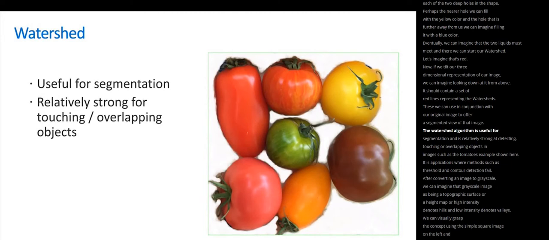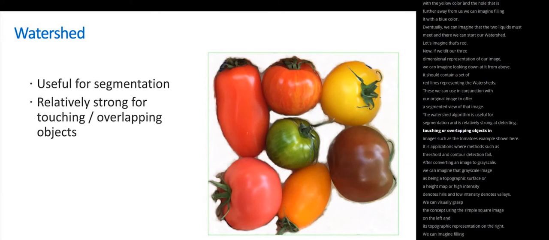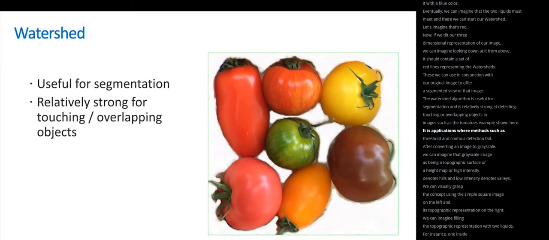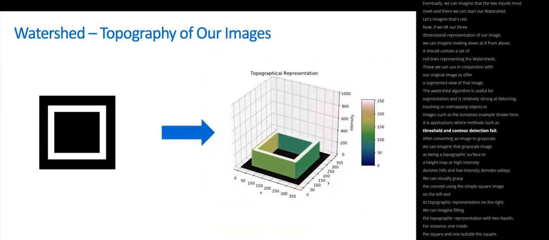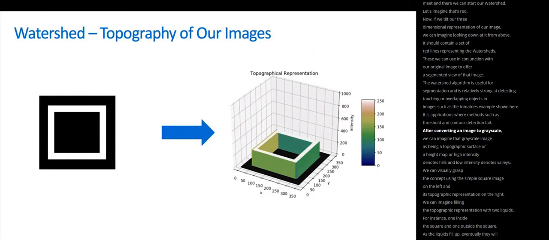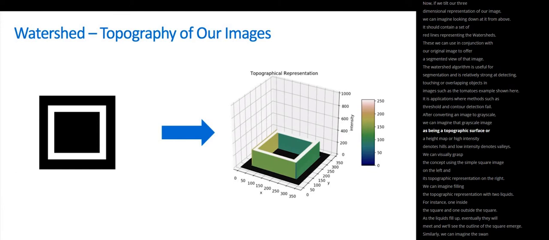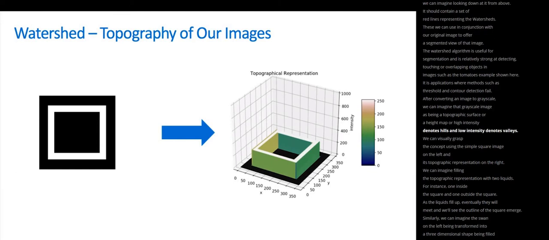The watershed algorithm is useful for segmentation and is relatively strong at detecting touching or overlapping objects in images, such as the tomatoes example shown here. It has applications where methods such as thresholding and contour detection fail. After converting an image to grayscale, we can imagine that grayscale image as being a topographic surface, or a height map, where high intensity denotes hills and low intensity denotes valleys.